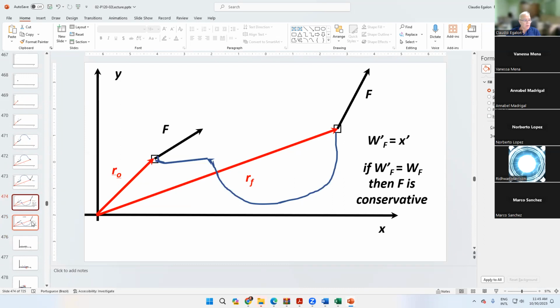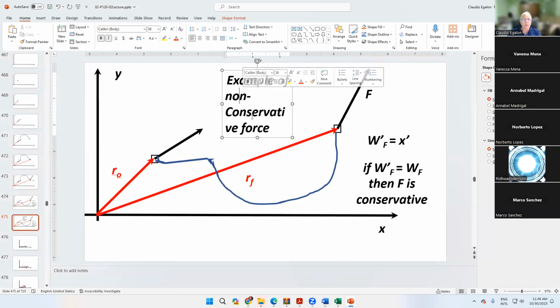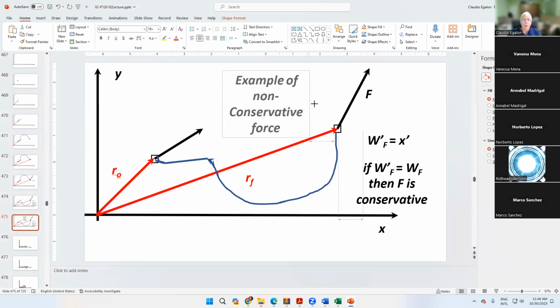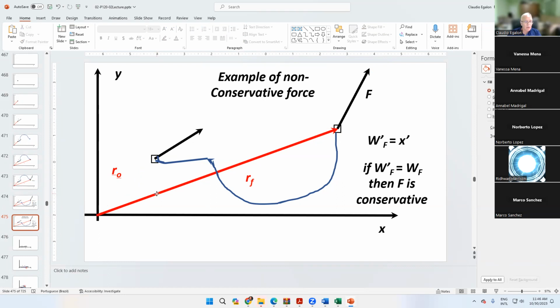Example. I'm going to give you an example of a non-conservative force, so you can understand better what I mean about this path. Okay, so I'm going to erase. Instead of doing this convoluted path, I'm going to do a simpler path.